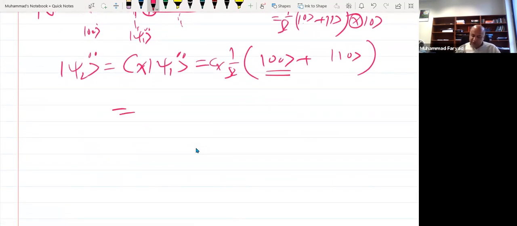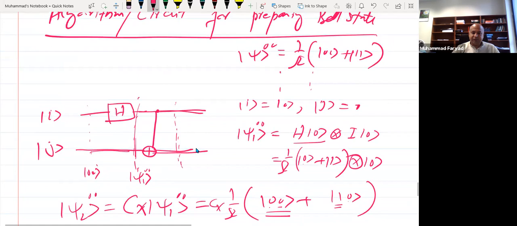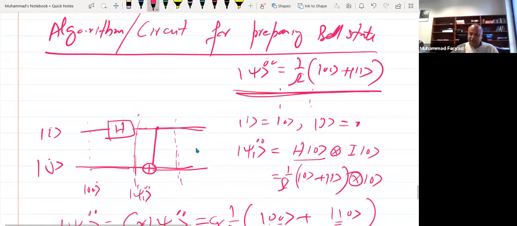When CX is applied to this thing, control is 0 and target is 0. So we get the same state, because control is 0, nothing happens to the target. But for the second one, when control is 1, target is flipped. So we get the 1 1 state. And you can see that this is nothing but the psi 0 0 Bell state.